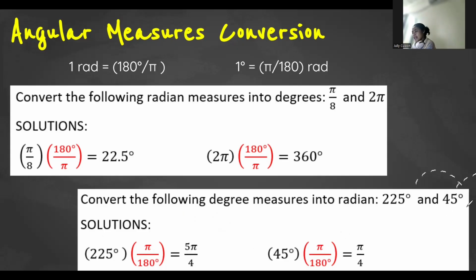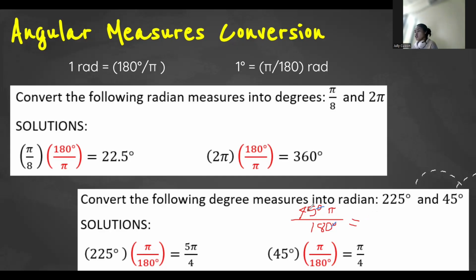On the other hand, 45 degrees, convert it to radian. So 45 degrees times pi, so that is 45 degrees pi over 180 degrees. So makancel diri of course kay si degrees. Mabili na lang kay ang pi. 45 and 180, they are both divisible by 45, di ba?